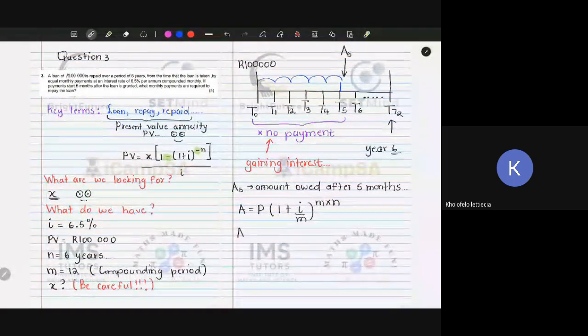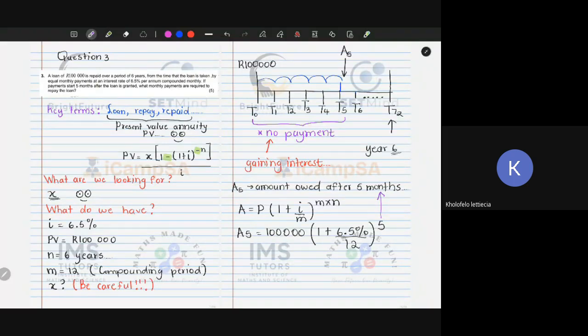So after 5 months, this 100,000 would have gained interest, and the interest is at a 6.5% rate, and this is happening monthly. But here we are just going to put 5 because we are just not paying for 5 months, guys. Does that make sense?